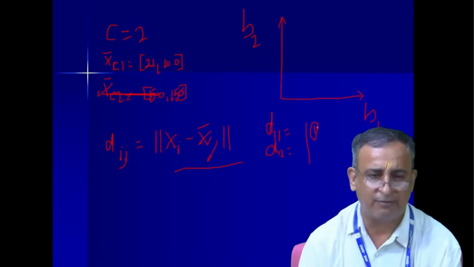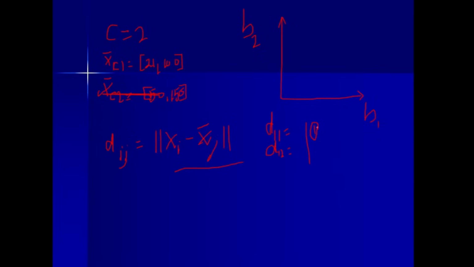So now you have new means for cluster 1 and cluster 2. Initially the mean was here for cluster 1, and now it is coming somewhere here, so there is a shift of cluster 1. In the same way, cluster 2 was assumed here, and then the value came here. So it is shifting.